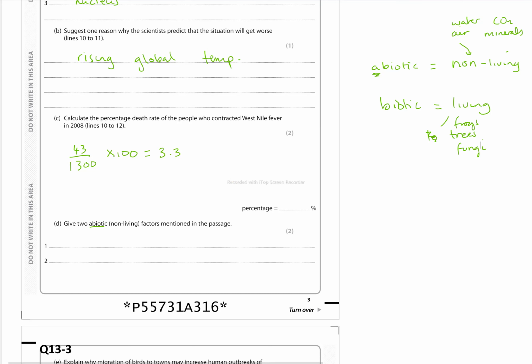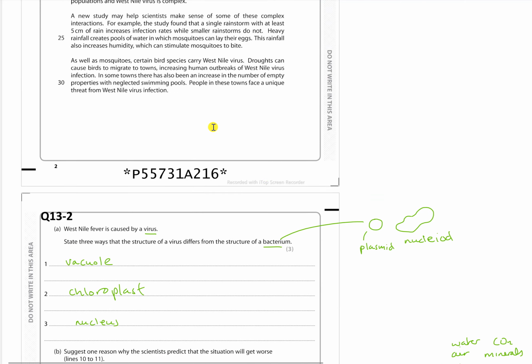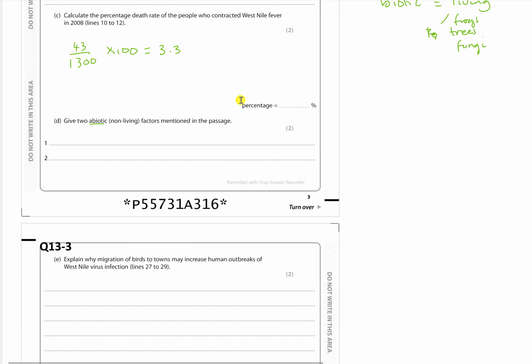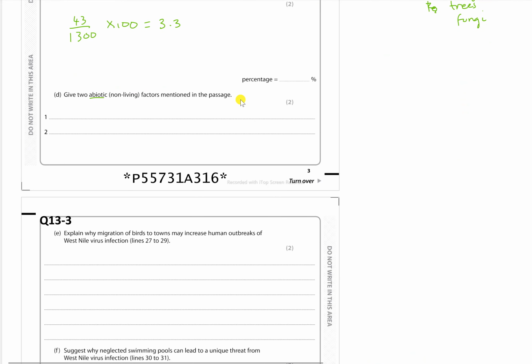Give two abiotic factors mentioned in this passage. Okay, global warming, and so that's temperature and humidity. So they mentioned temperature and they mentioned humidity.